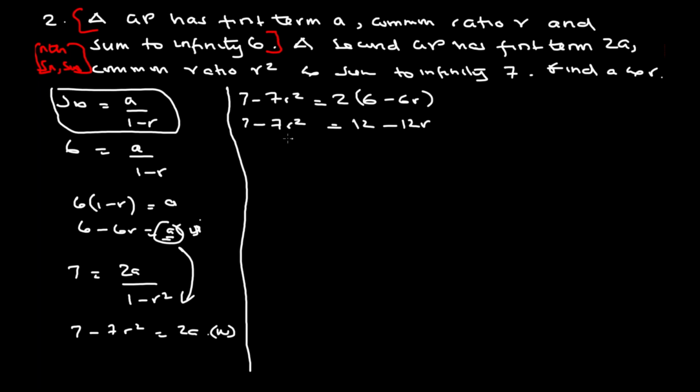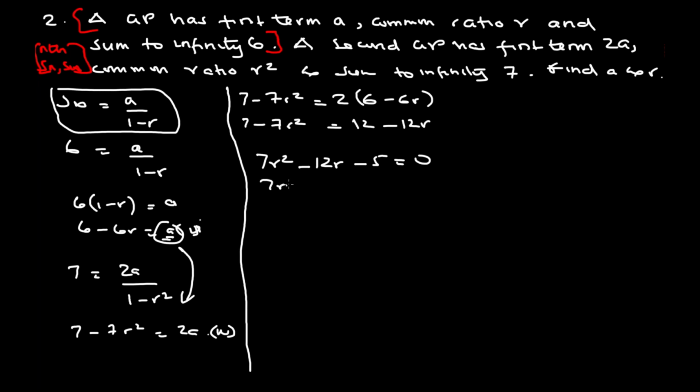Now I'll collect the like terms. This one will go to that side, so it's 7R squared. Okay, 7R squared. Sorry, this will maintain it here, and then 7 will go that side and subtract with this one, so we'll get 5 is equal to 0. That's our quadratic equation.